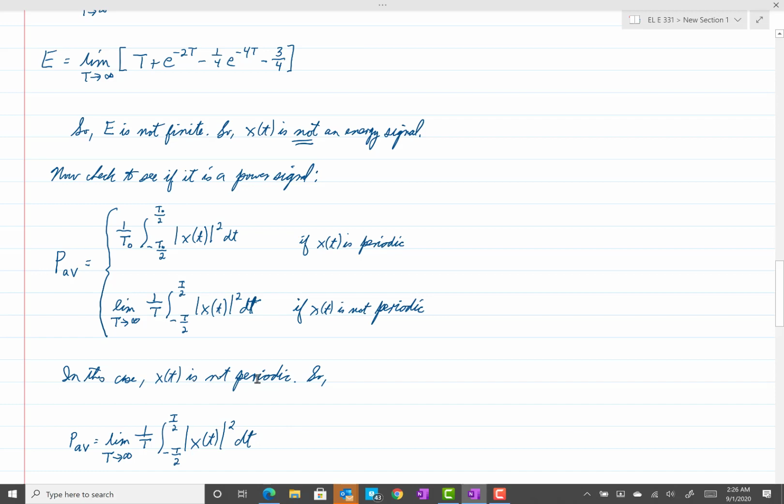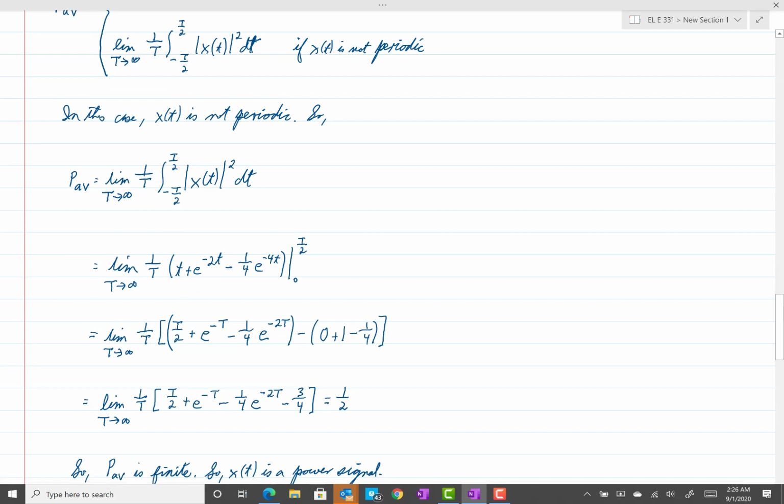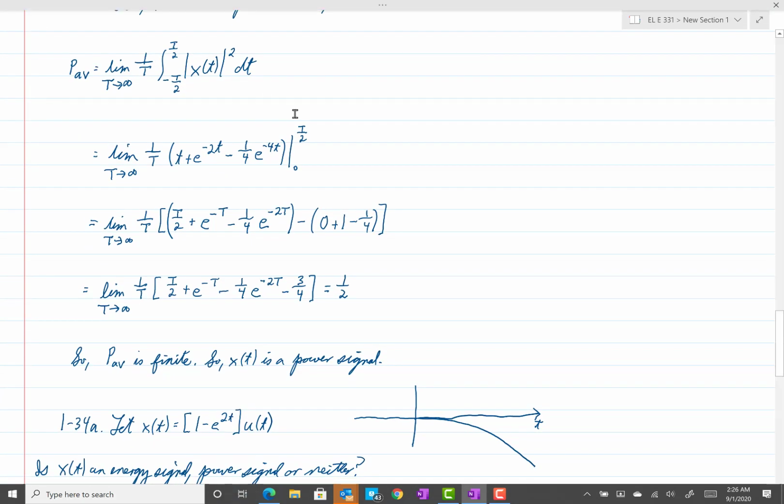So, as I say, in this case, x of t is not periodic, and so the average power is given by this formula right here: the limit as T goes to infinity of 1 over T times the integral from negative T over 2 to T over 2 of the magnitude of x of t squared dt.